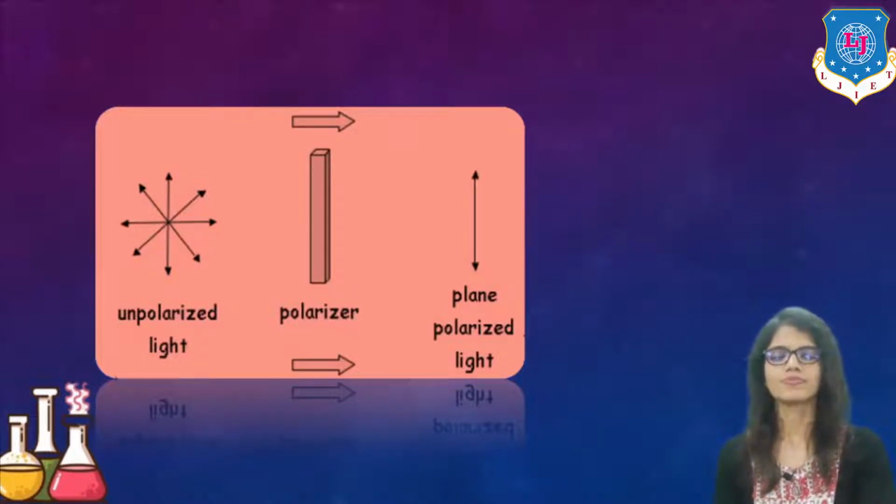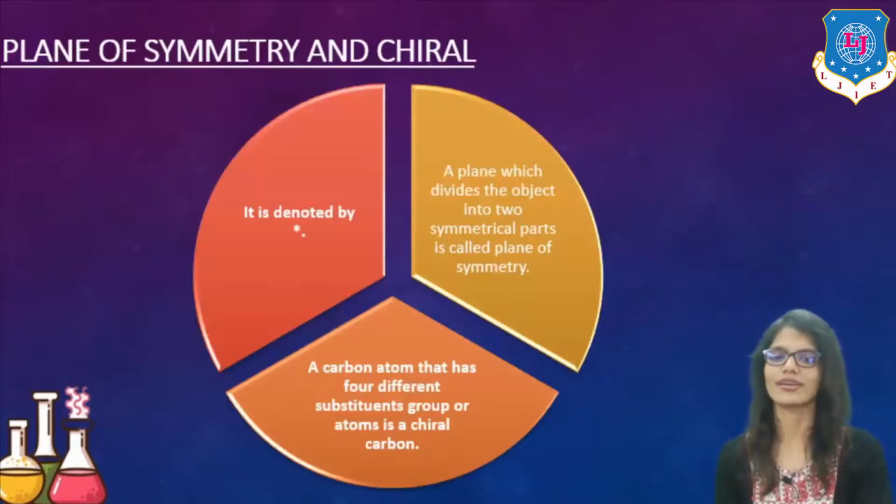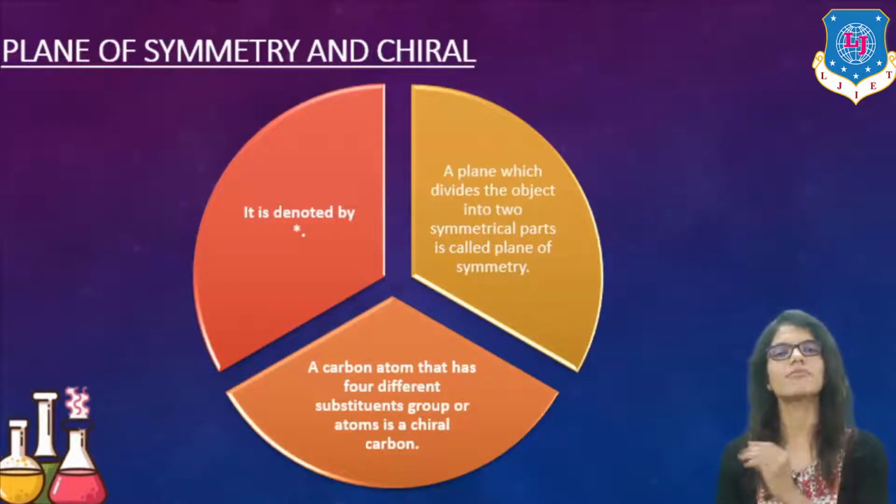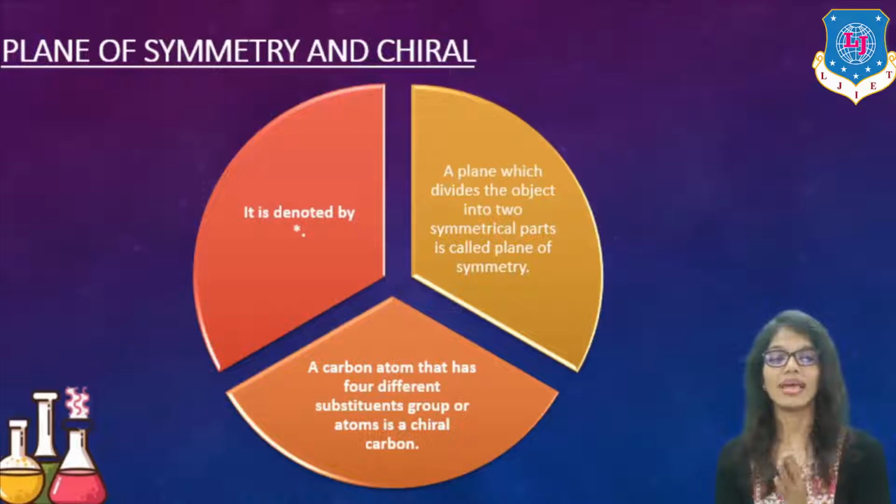Now let's move on to the next point, which is plane of symmetry and chirality, or chiral carbon. These are two terms we need to understand before we study optical compounds. The first one is plane of symmetry. The name itself suggests a plane which divides the object into two symmetrical parts.